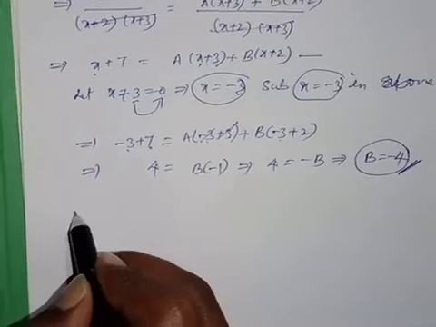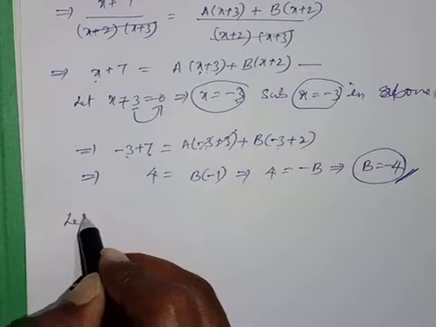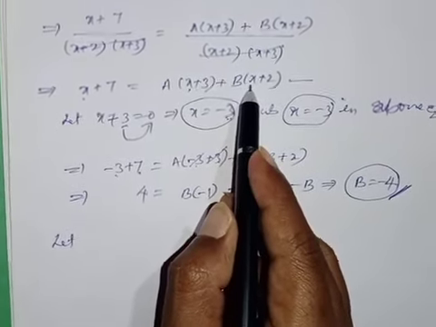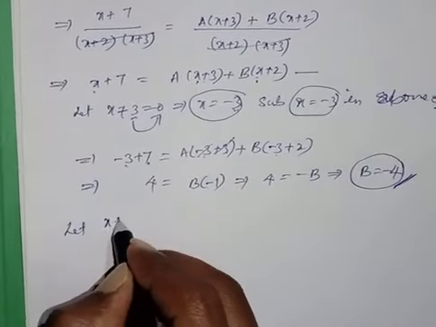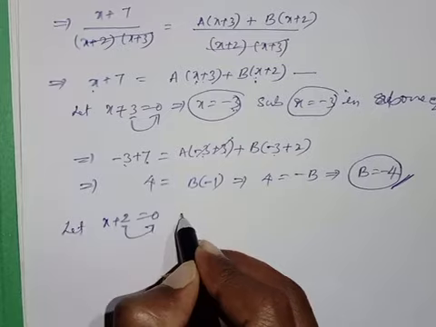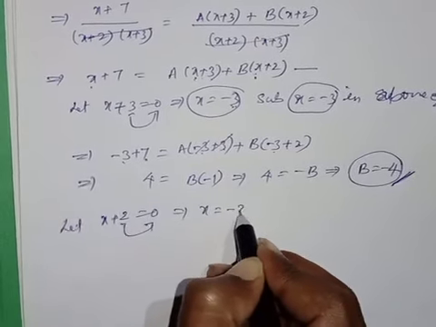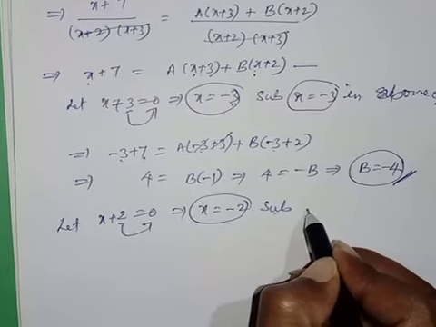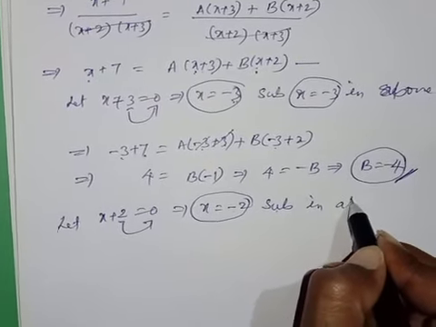In the same way, find the A coefficient. Take the second denominator, here x + 2. Let x + 2 be equal to 0. Transfer 2 here, that is x equal to negative 2. Substitute x equal to minus 2 in the above equation.